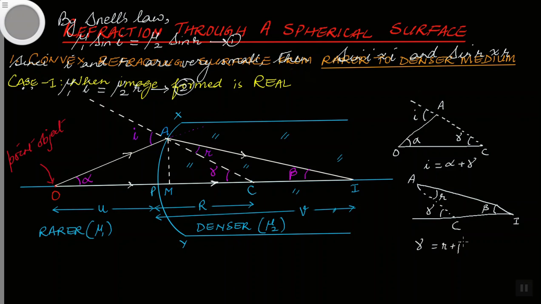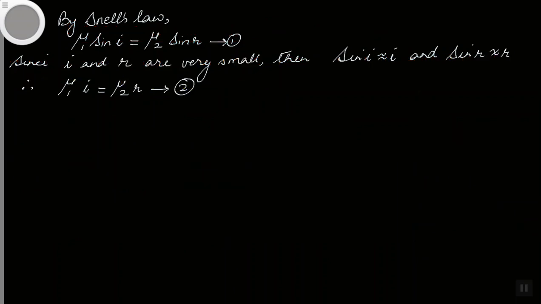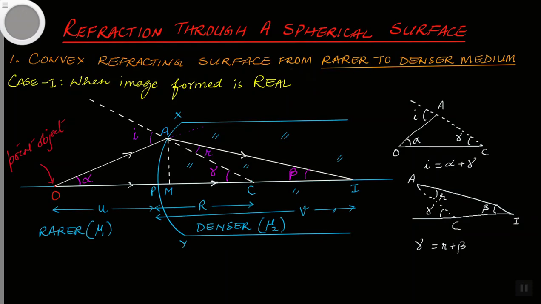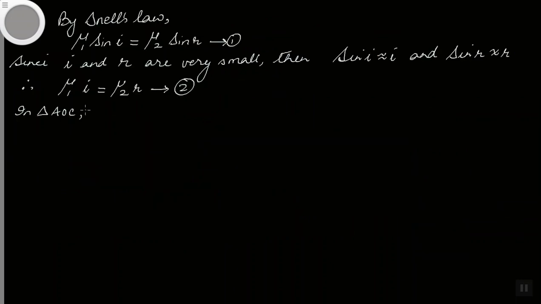So in triangle AOC, I is equal to alpha plus gamma.